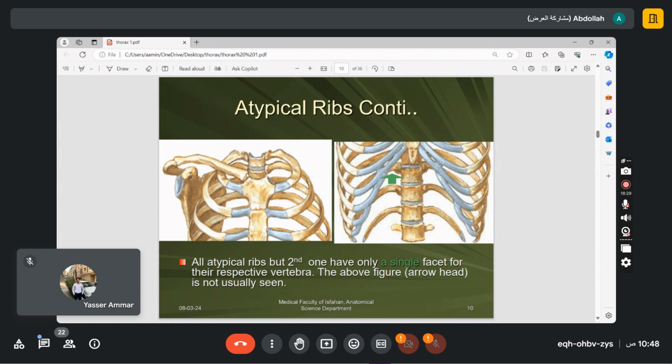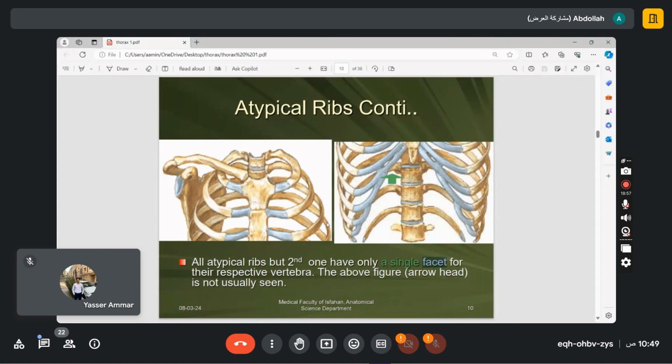This part of the bone is a face. A face is the place that joins with each other. The joint surface of the bone is a face. Because many people ask me what the meaning of face is: a face is this part, the joining part of the bones with each other.